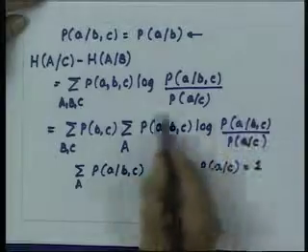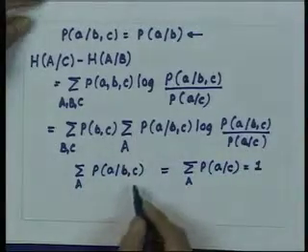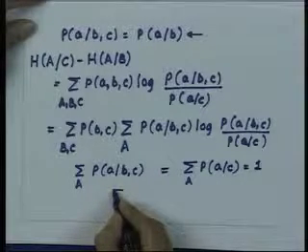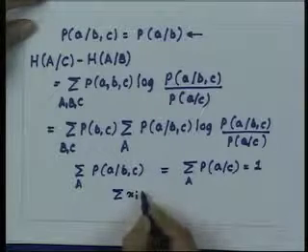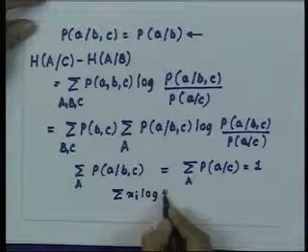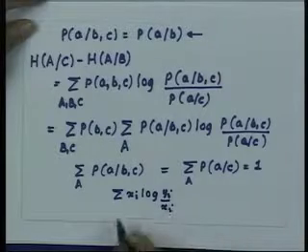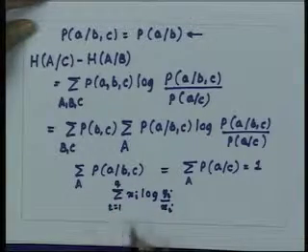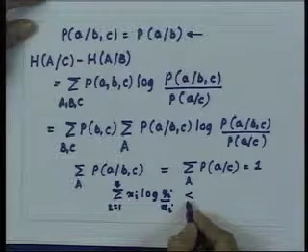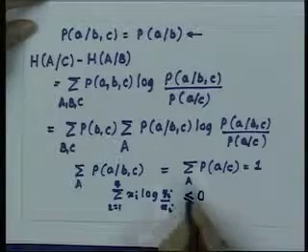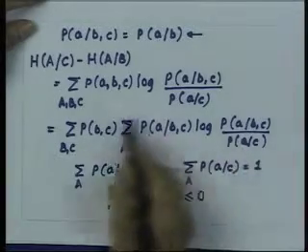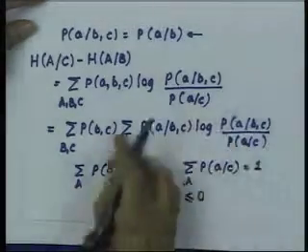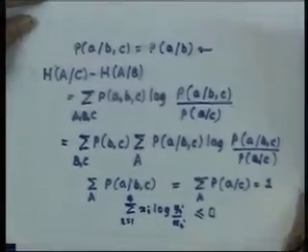So, for this term we can use the earlier relationship which we had derived, that is the summation of x i log of y i by x i, summed over i equal to 1 to q, is less than or equal to 0. So, using this relationship, this quantity is always greater than or equal to 0.